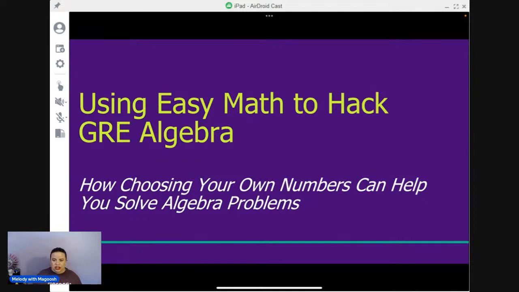So we're going to choose our own numbers. We're going to pick out numbers to solve algebra. A lot of us in school said, oh, algebra, why are there letters? So we're going to kind of fight the battle against letters in math in today's discussion.